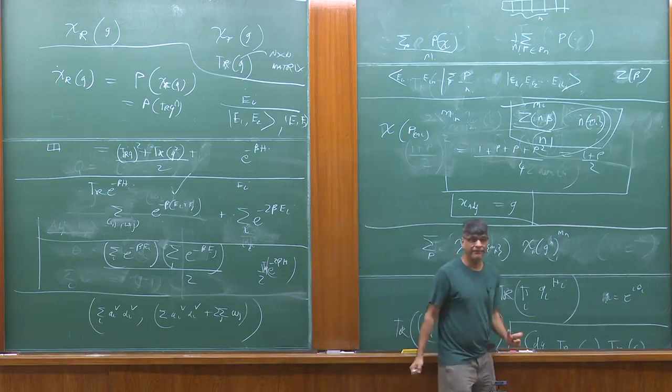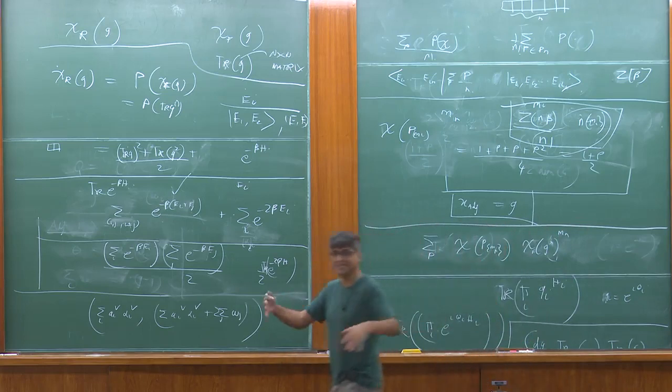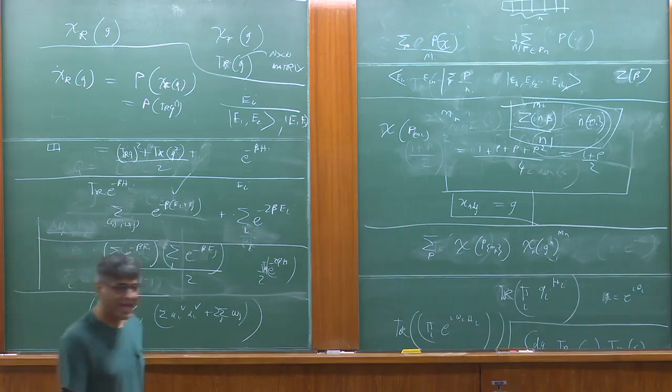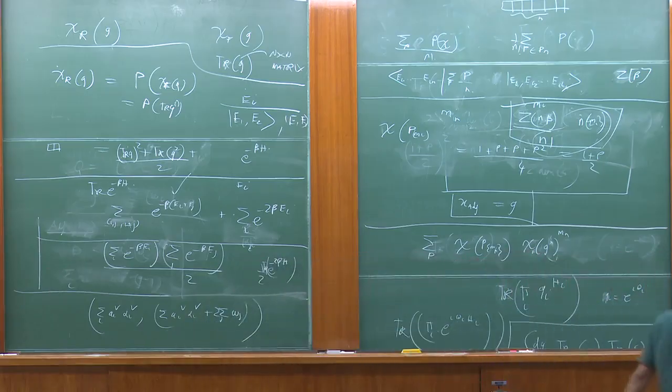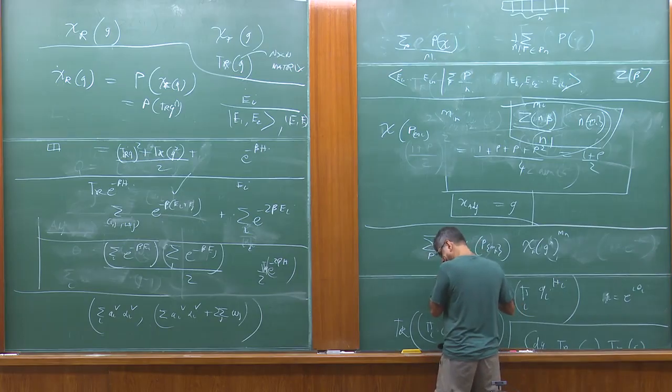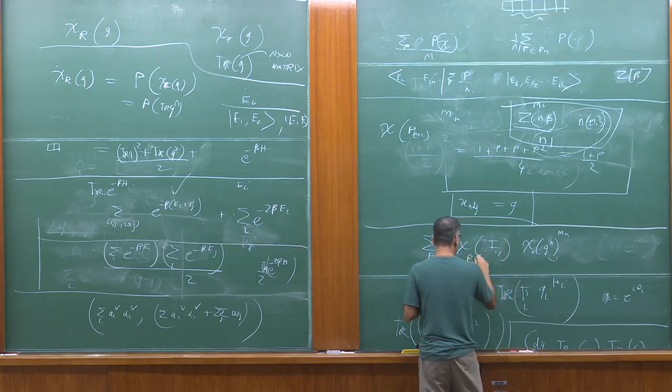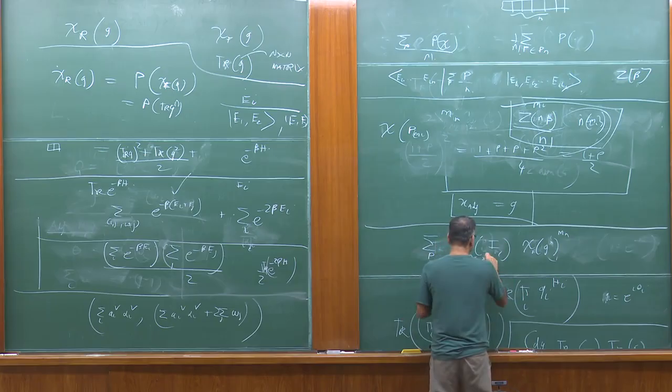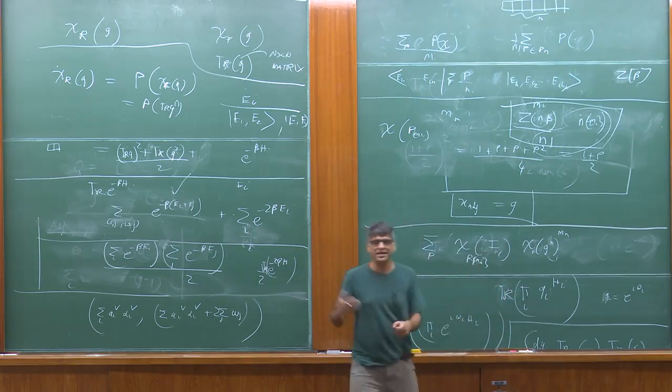This character here is what? You see, the permutation group is itself a group. Oh no, it's probably the character of identity in the representation labeled by Mn.